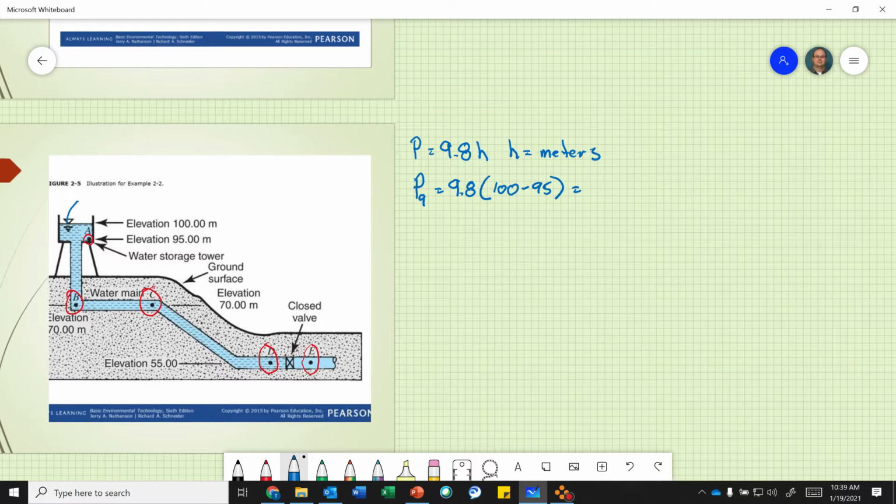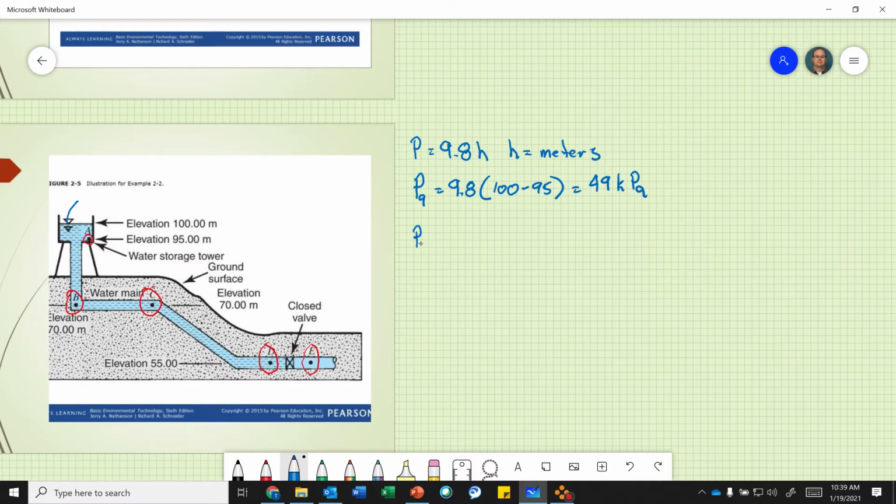9.8 times 100 minus 95 is 5, so this is 49 kPa. So my pressure at elevation 95 is 49 kPa. Okay, now let's do the pressure at point B. So we're going deeper. We're at elevation 70.